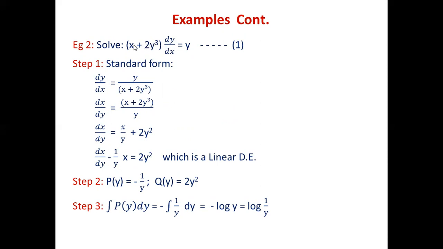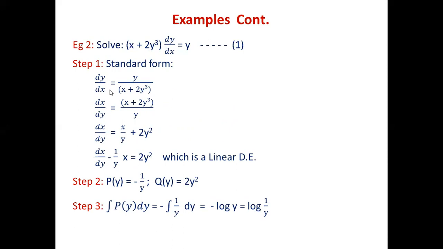For that, divide the entire equation with x plus 2y cube. So now how many terms do we have? 2 terms. But in any standard form, whether it is in y or in x, we should have 3 terms. How to make them into 3? Not possible. So we need to take the reciprocals.